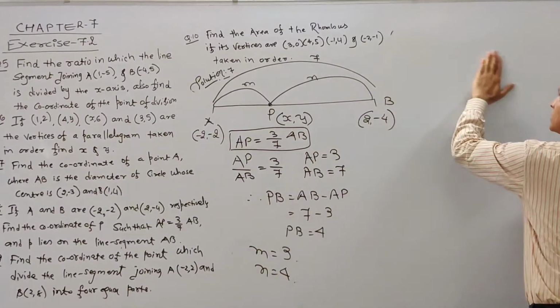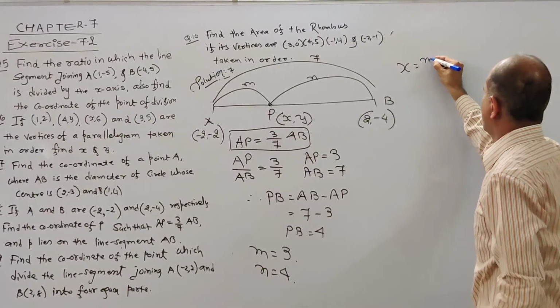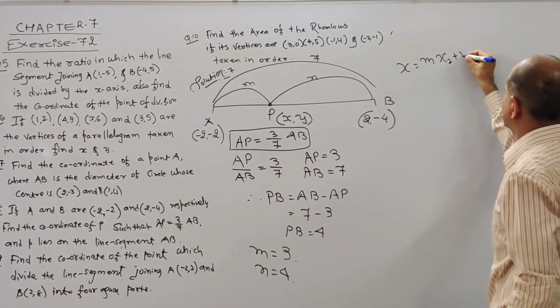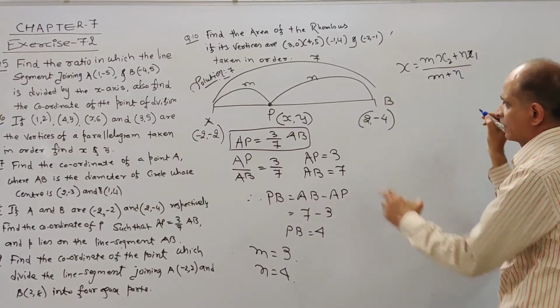So let me find this with the help of the section formula. The x coordinate is (m x2 plus n x1) upon (m plus n).